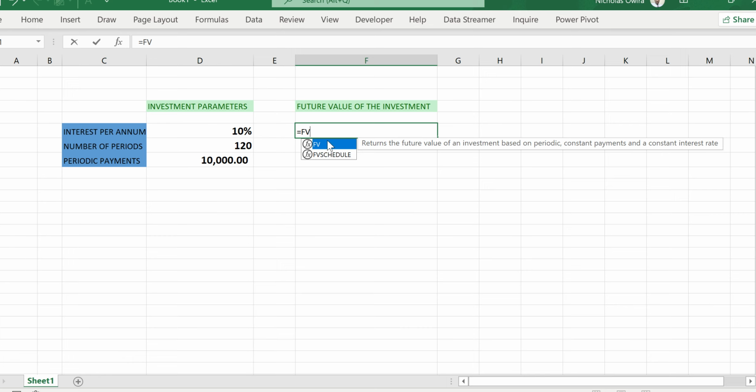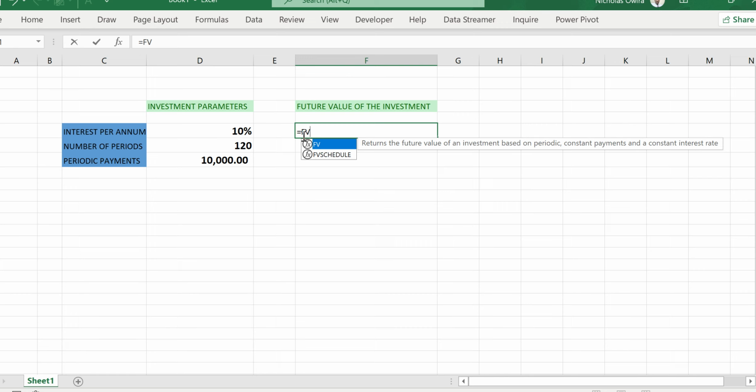You can see it returns the future value of an investment based on periodic constant payments and a constant interest rate. The interest rate has to remain constant for the rest of the investment period. We also need periodic investments, like the 10,000, which also remain constant for the rest of the investment life, and the number of periods, which also remains constant.